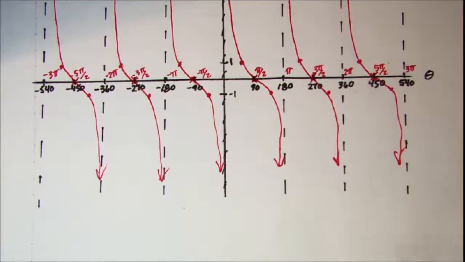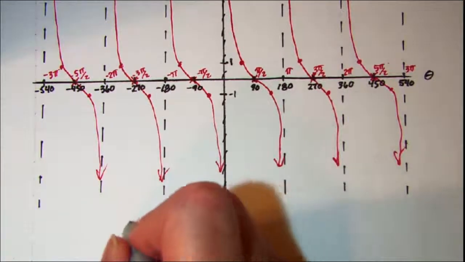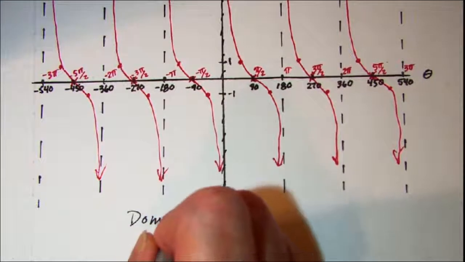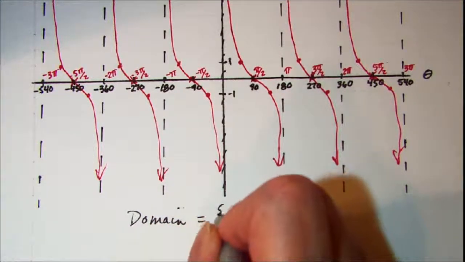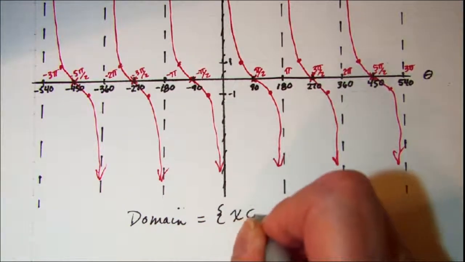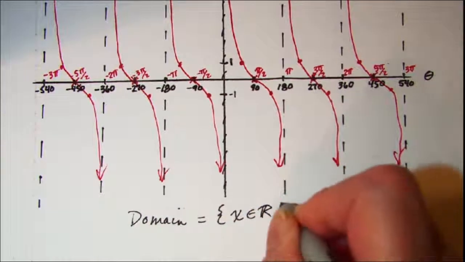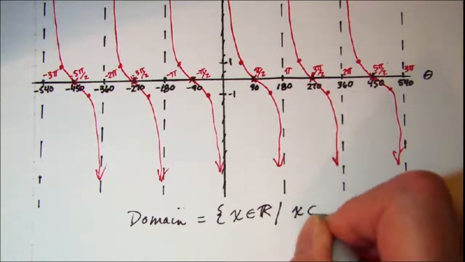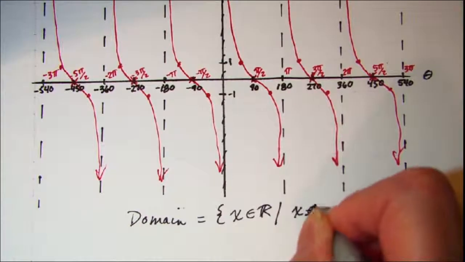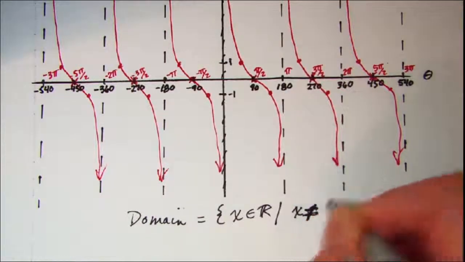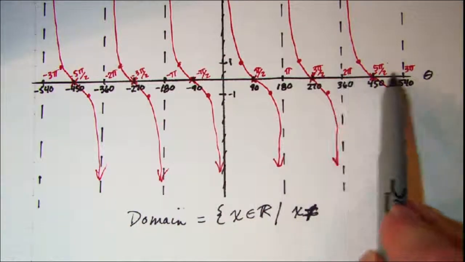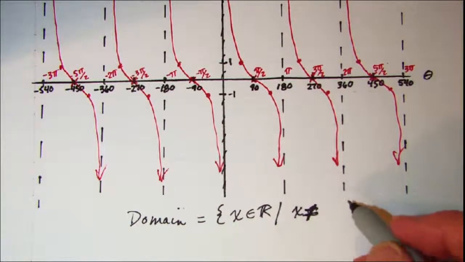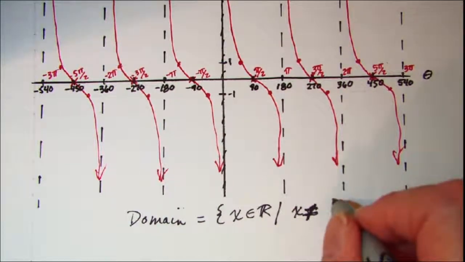So attributes of my cotangent curve, it has a domain of, and I'll use set builder notation, the set of all x's elements of the set of reals such that x is not equal to 1 pi, 2 pi, 3 pi. So all the places where the asymptotes occur.